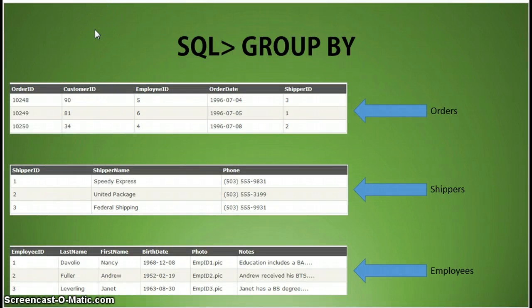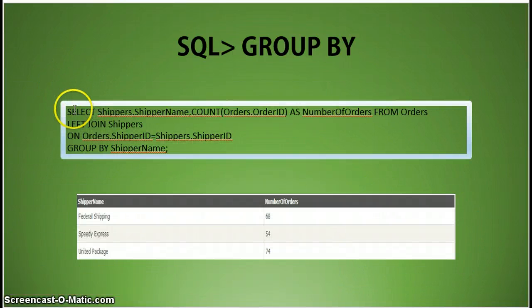We'll be using other tables instead of the one that we have because this one needs bigger code. So we have orders, shippers, and employees. Let's look now at our example. SELECT shipper name, and then COUNT(order ID) AS number_of_orders FROM the orders table, LEFT JOIN shippers ON orders.shipper ID equals shippers.shipper ID, and then GROUP BY shipper name.